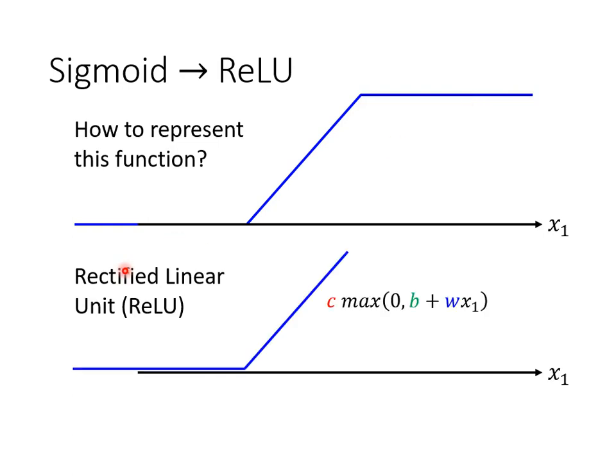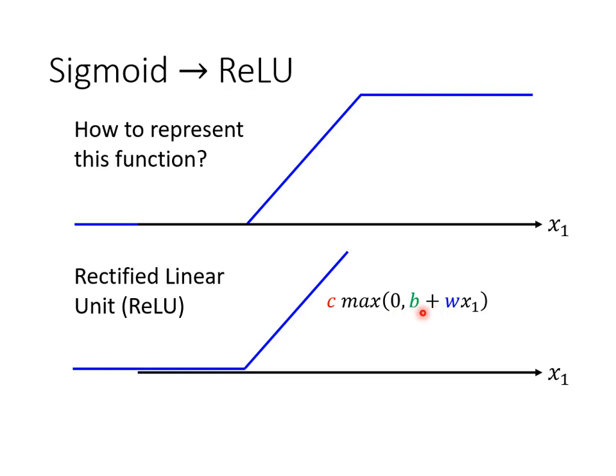The so-called rectified linear unit is like this. It has a horizontal line. There is a turning point somewhere. Afterward, it becomes a slope. The formula of this function is written as c multiplied by max(0, b + w x1). This max(0, b + w x1) means looking at which is greater between 0 and b + w x1; the larger one will be used as the output.